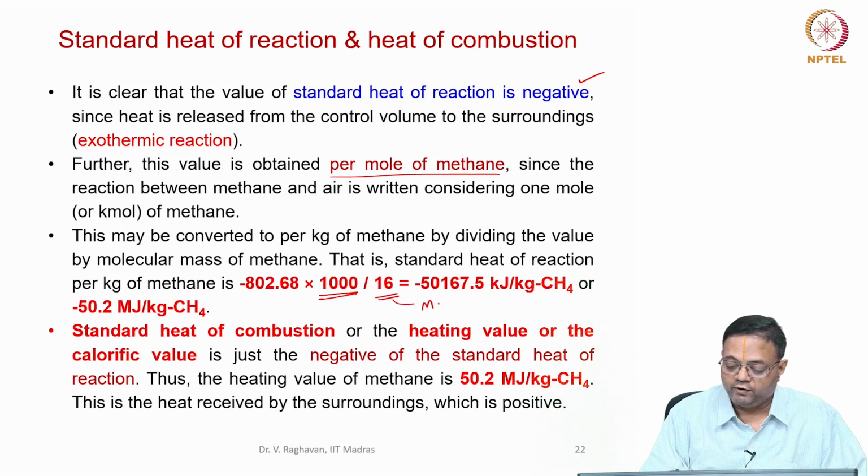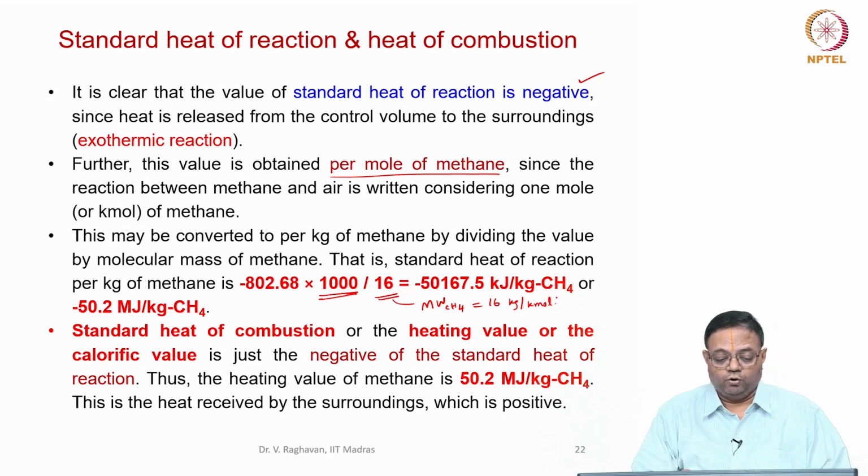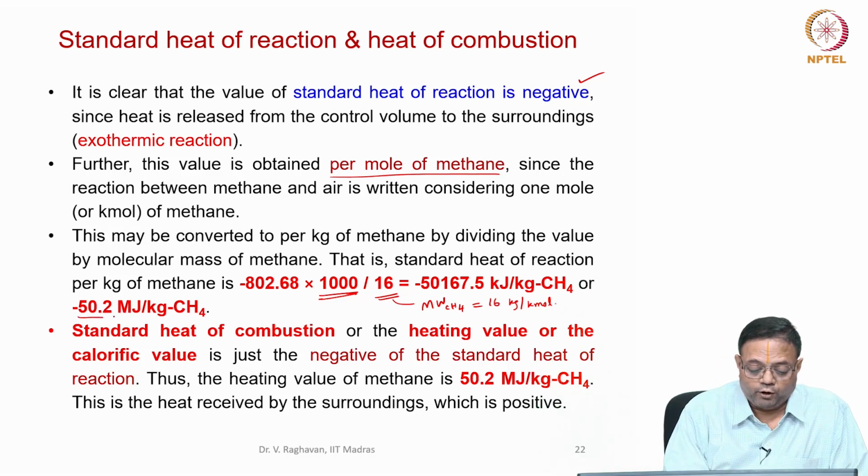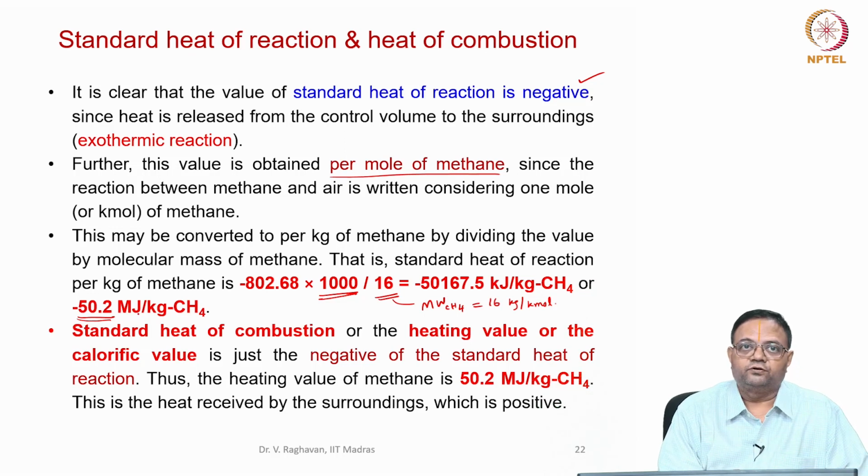This is the molecular weight of methane. When I do that, I get 50.2 megajoules of heat released, or standard heat of reaction is minus 50.2 megajoules per kg of methane.